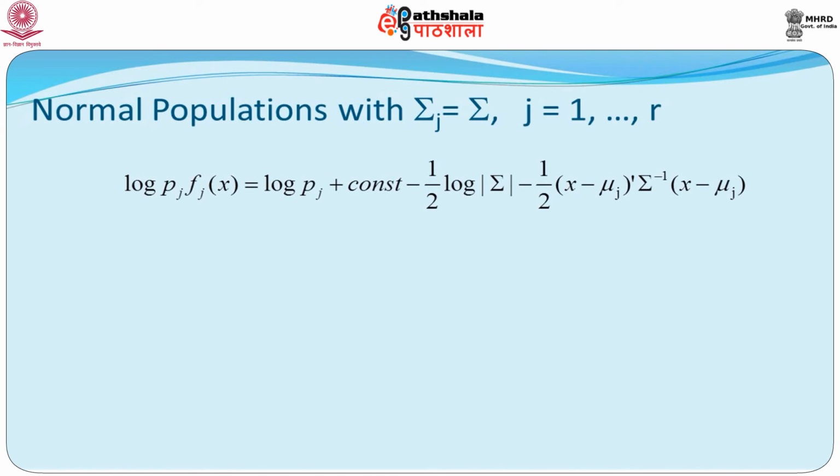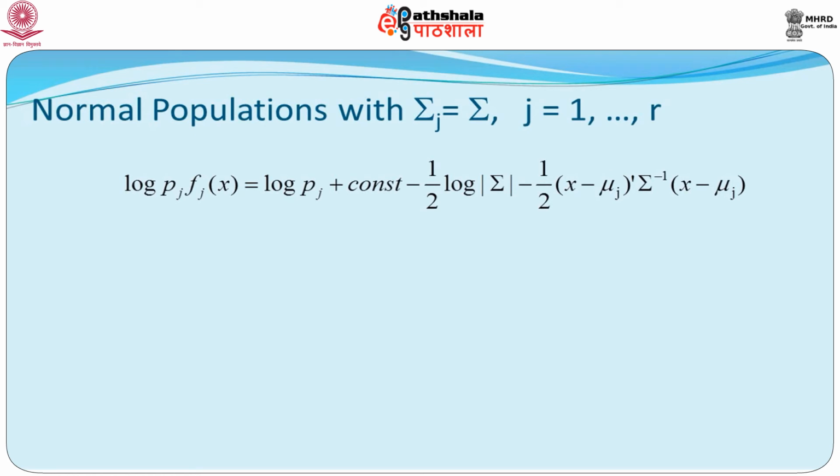And if you look at log of Pj into Fj(x) now, you will see that this simplifies further because the sigmas are same. Of the 4 terms on the right hand side, the first is log Pj, the second is a constant, the third is also a constant, and the fourth again depends on j.